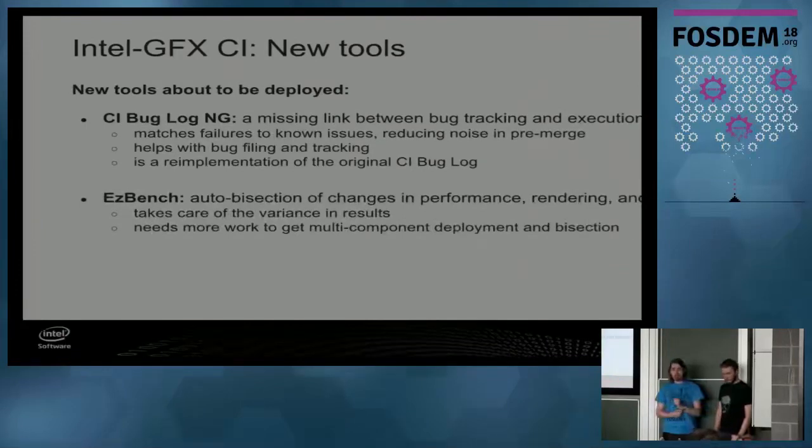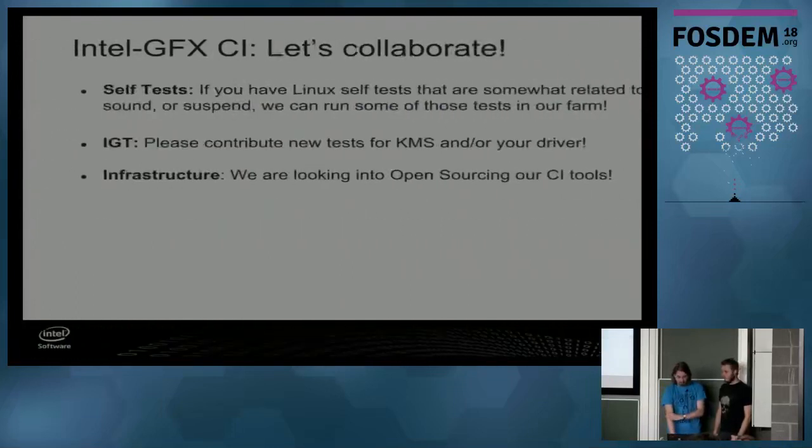Then there's EasyBench. I've talked about this project before. It's an auto bisector for changes in performance, rendering, and unit tests. This way, you could improve bug reports automatically by having auto bisect on it. It would tell you, hey, this actually was introduced by this commit. If you want to help us, you can help on the infrastructure, of course, because we're trying to open source it.